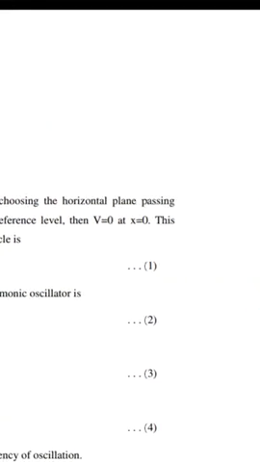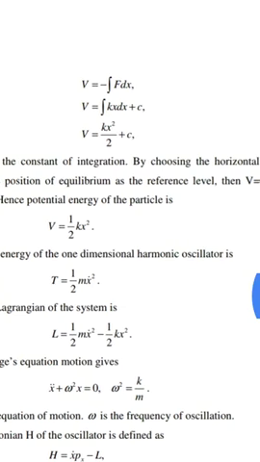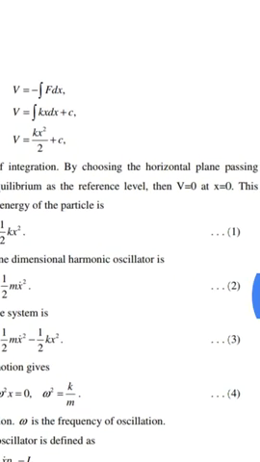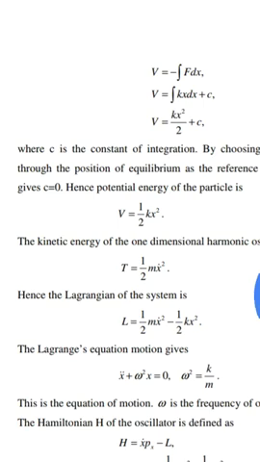By choosing the horizontal plane passing through the position of equilibrium as a reference level, V is equal to 0 at x equal to 0. This gives c is equal to 0. Hence, potential energy of the particle is V is equal to 1 by 2 kx square.